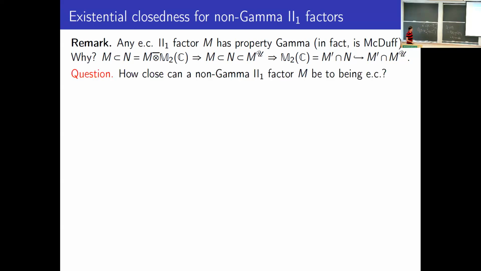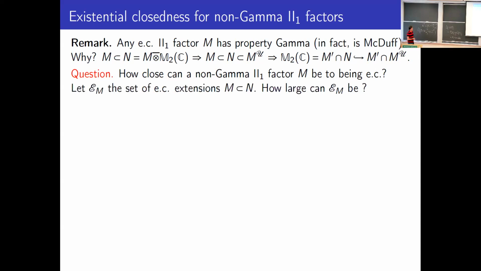All right, so here's the question. We know that existentially closed II1 factors necessarily have property gamma, so there's no existentially closed II1 factor without property gamma. But you can still ask how close a non-gamma II1 factor can be to being existentially closed. I'm formulating this question in vague terms because I don't have a very precise definition, but I can make it a little clearer.